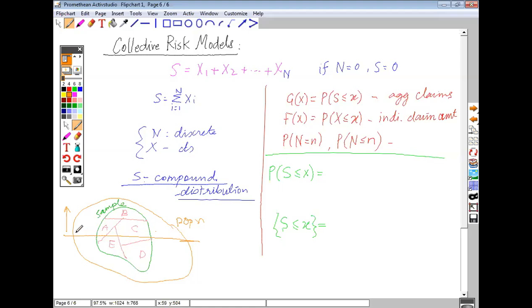So the very first step would be to identify that the amount which will lie above this line for a population will be the same for the sample as well. So I'm looking at things which lie above this particular line in my sample. Will we have to use conditional probability? You say?